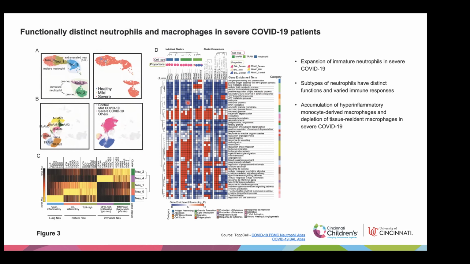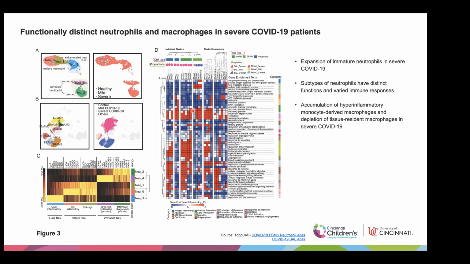For example, for the cytokine-mediated signaling pathway, how they look different in different subtypes of neutrophils and macrophages. One highlight is that, compared with the tissue-resident macrophages, those monocyte-derived macrophages have very significant upregulation of inflammatory pathways or cytokine-mediated pathways.